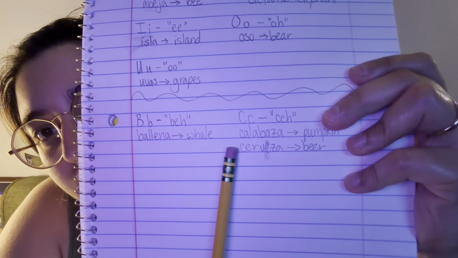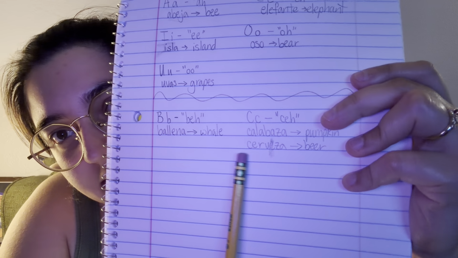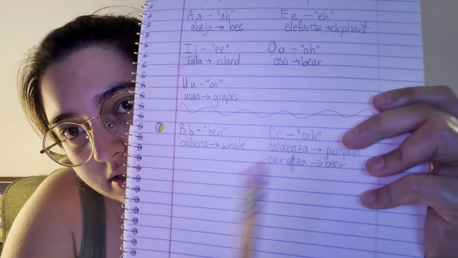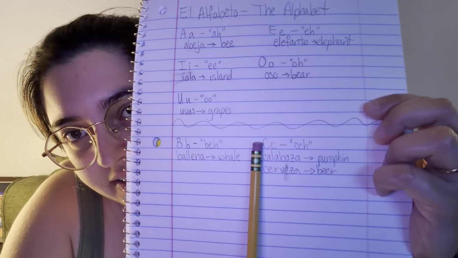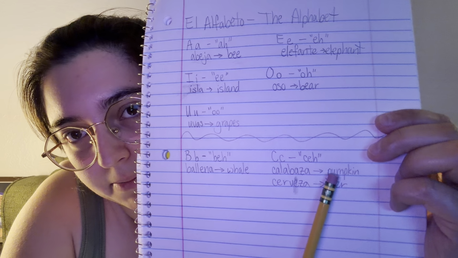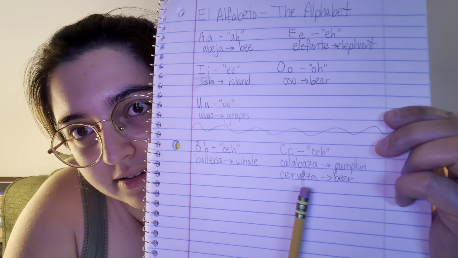See, it's C-E and you pronounce it like se. And then when it's C-A, it's ca. So se, calabaza, pumpkin, cerveza, beer. So that one's one of the ones that sometimes trips people up.